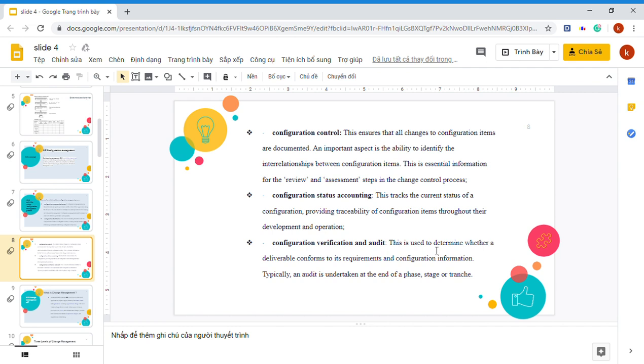This is to determine whether a deliverable conforms to its requirements and configuration information. Typically, an audit is undertaken at the end of a project stage or transfer.